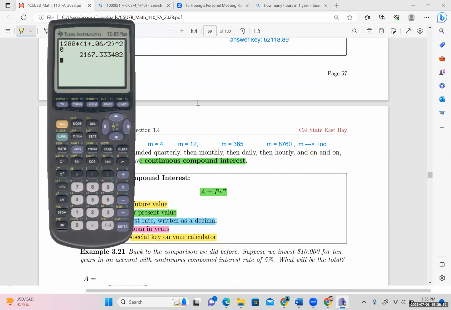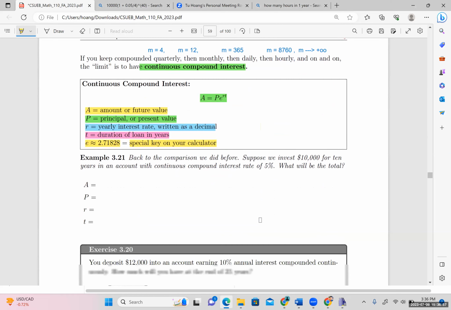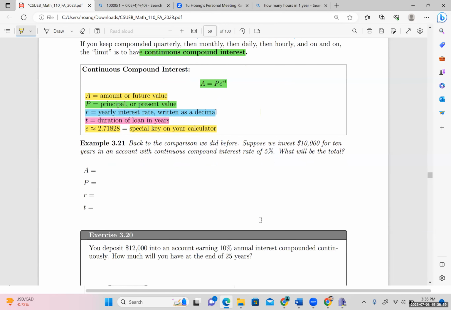Okay, now let's come back to this topic, and we're going to use that information to handle example 3.21.